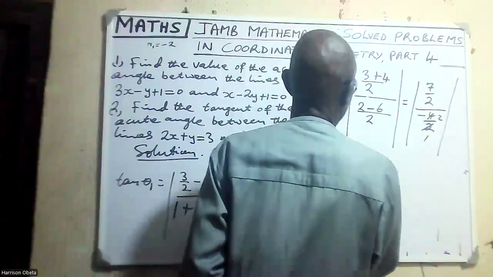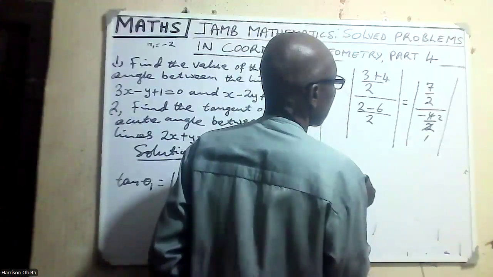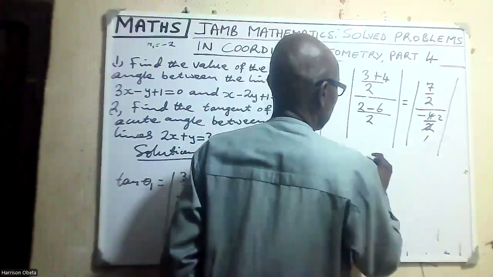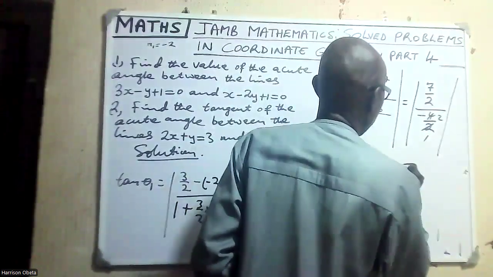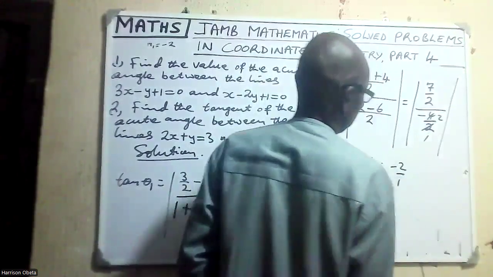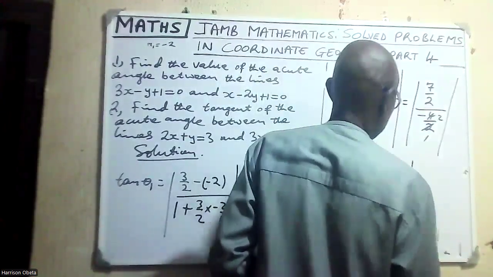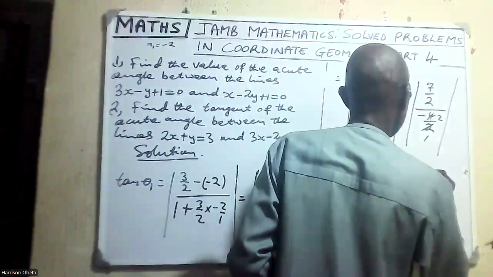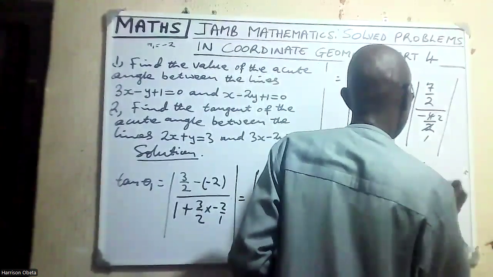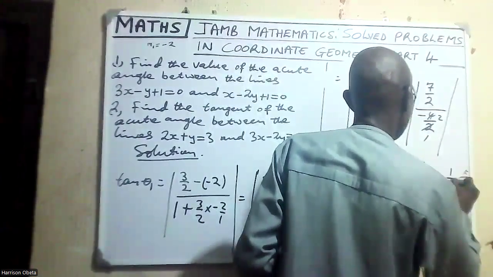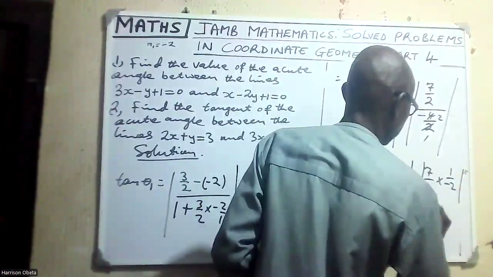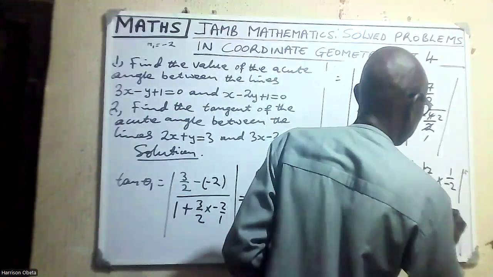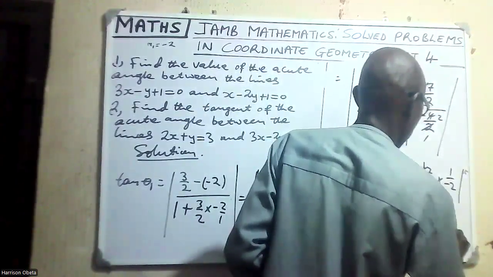Moving on, we have 7 over 2 divided by minus 4 over 2, which is 7 over 2 times 2 over minus 4, giving us 7 over minus 4.